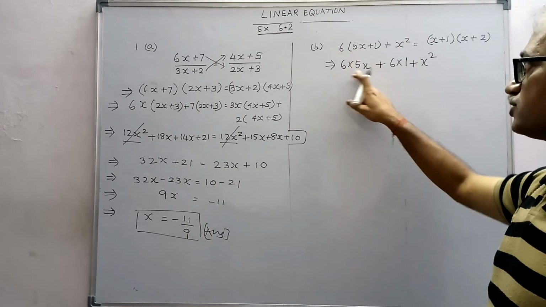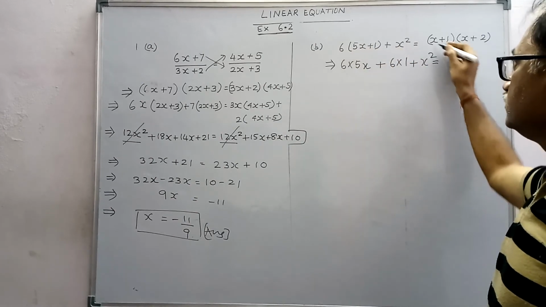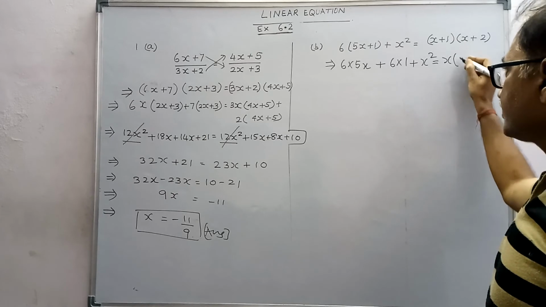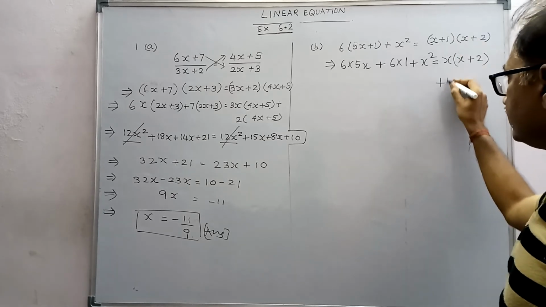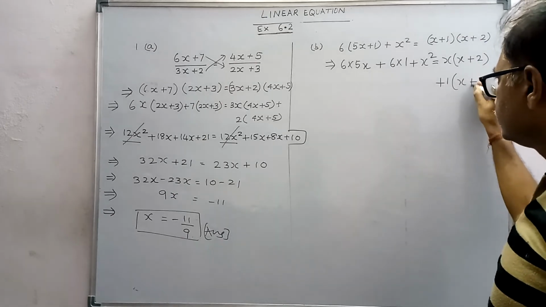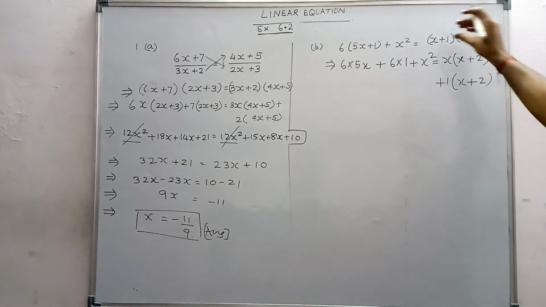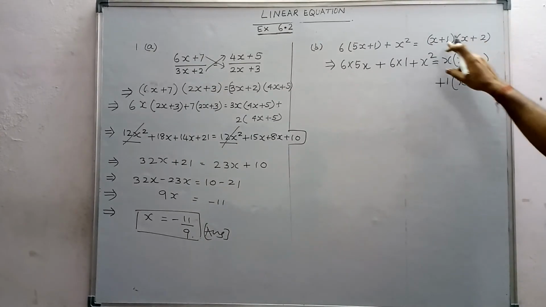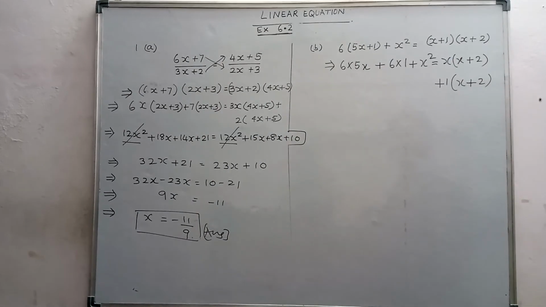That is equal to x multiplied by first this bracket x plus 2, then plus 1 multiplied by x plus 2. As in multiplication we have done, the same way we will do it here. x multiplied by whole bracket, then positive sign, 1 multiplied by whole bracket.